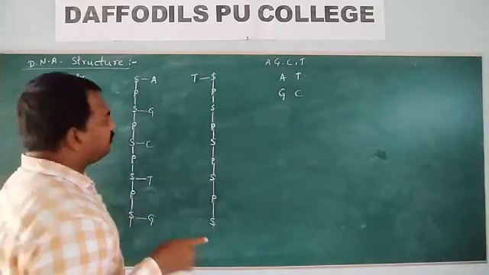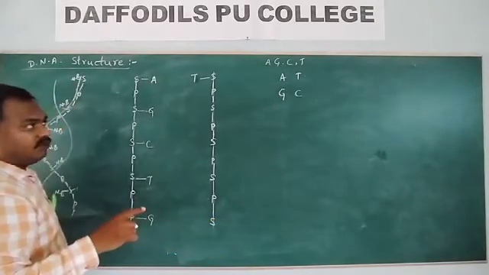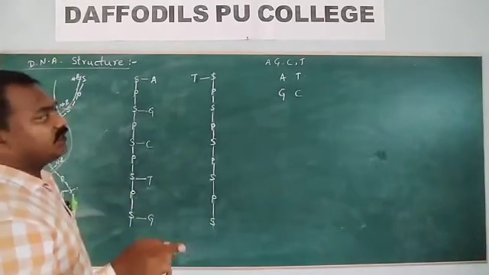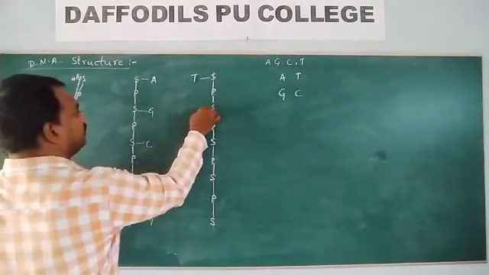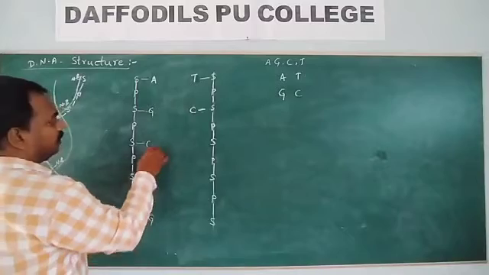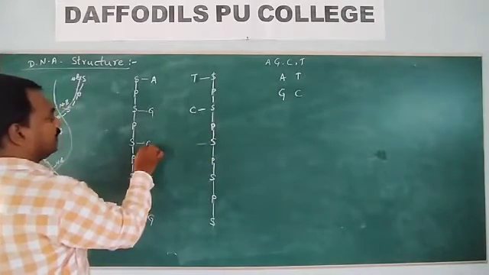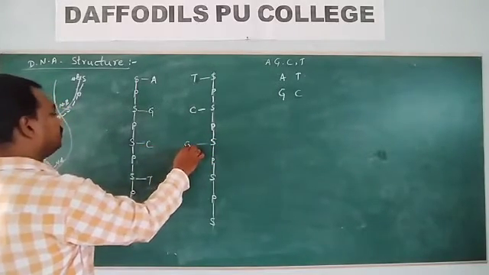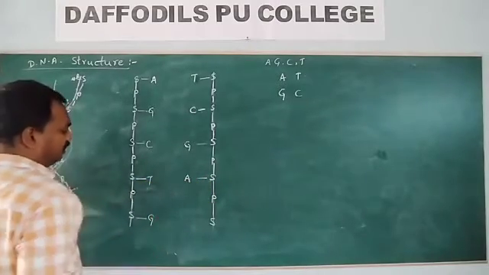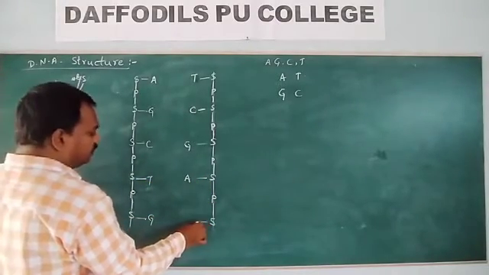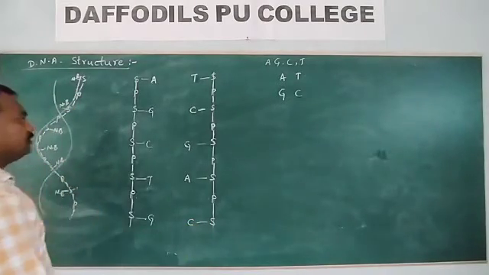So adenine is always bonded with thymine, and guanine always bonded with cytosine, and cytosine always bonded with guanine, and thymine always bonded with adenine.